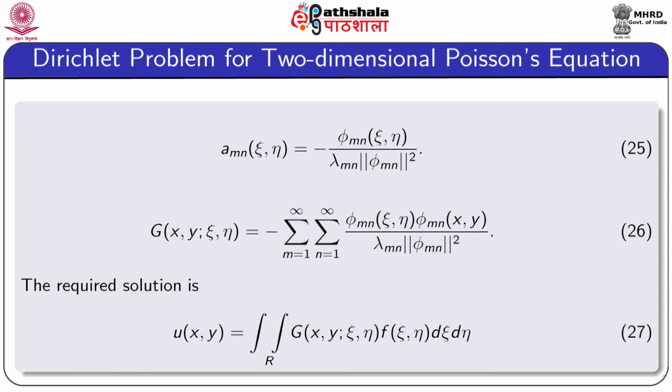If it is a three-dimensional problem, then instead of double integration, it would have been a triple integration. So, the value of u can be obtained using formula 27, where G is known, given by equation 26, and small f is the given function.